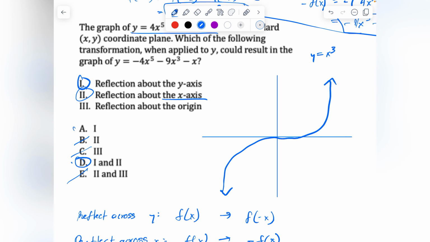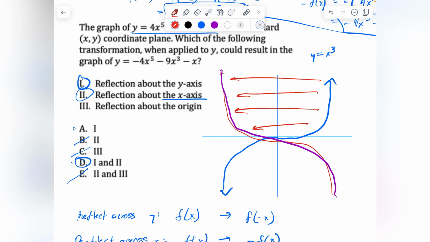If I reflect it across y, I end up with this. And then if I also reflect across x, if I'm graphing from left to right, I'll also end up with this. So your x and y reflections actually match each other, right? Because when you're going across y, you're just bringing all these points here. That goes there.